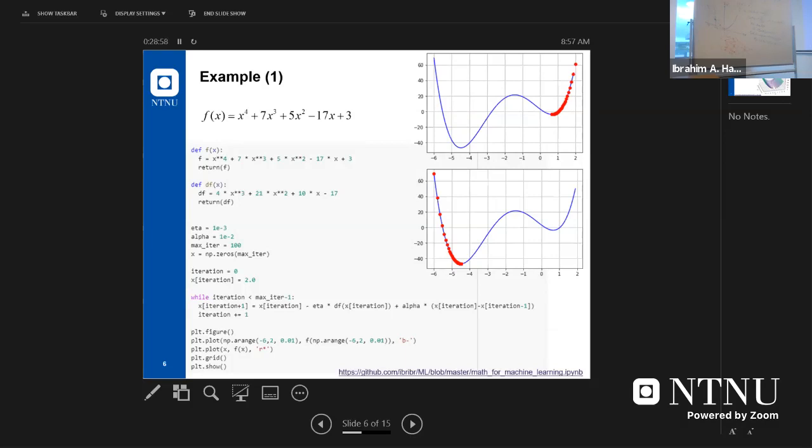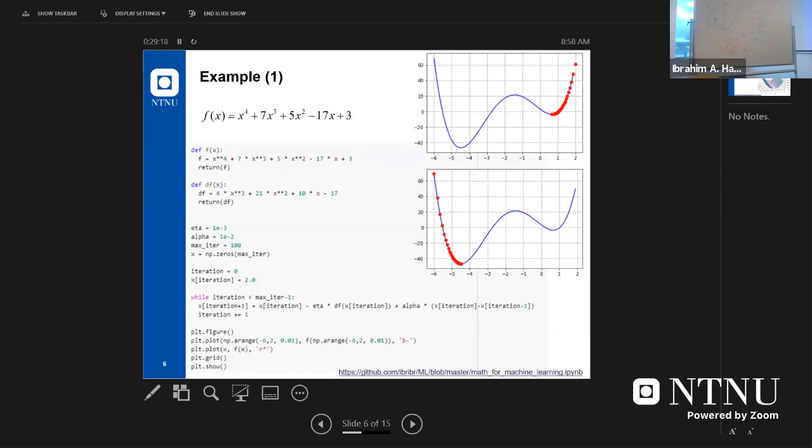After that, we need to define the learning rate and the number of iterations, and just do it in a for loop or a while loop, for example. I put it in a for loop. So x equals x minus eta multiplied by delta f by delta x.